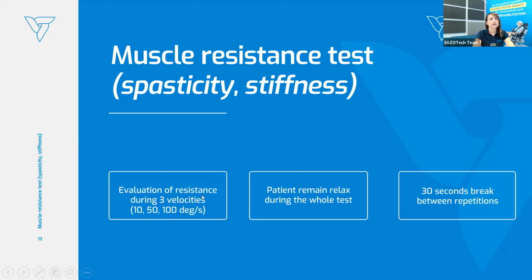So we look into the resistance during the 3 velocities, so 10, 50, and 100 degrees per second, and then we will be able to look more into this resistance. As we know, the spasticity is velocity dependent, so we should see some interesting stuff here. And the patient just needs to be relaxed the whole time, and we have 30 seconds break between the repetitions.